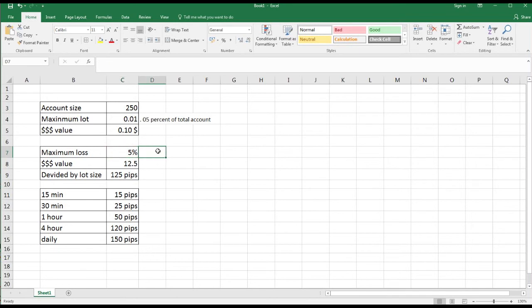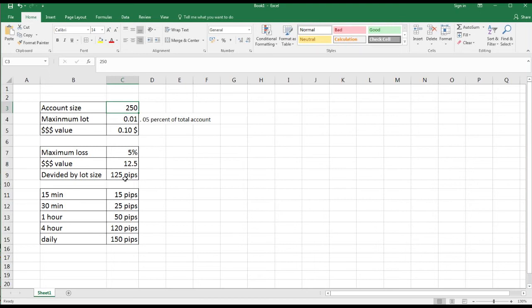So I know that if I make a drawdown of 5%, then I have to cut the trade. 5% of the trading account is effectively $12.50. So if 10% is $25, then half of it is $12.50.